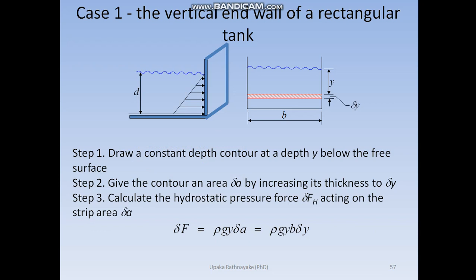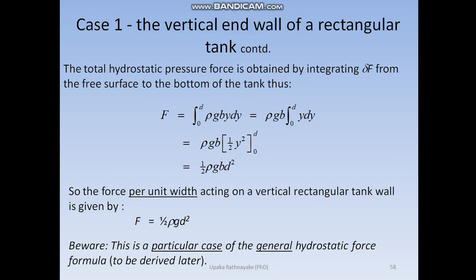Now how can we find the total force? It is the integration with respect to the depth. So the force can be found. F is the definite integral from 0 to D of rho g B y dy. Now if you do the integration, let us assume this is an incompressible liquid, so that you can take rho g B outside the integral symbol and you have y dy.